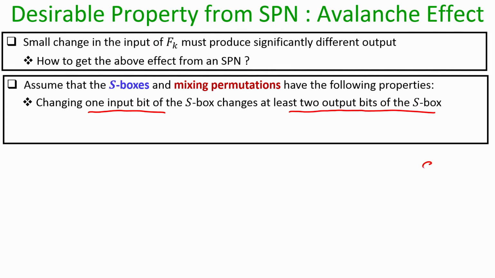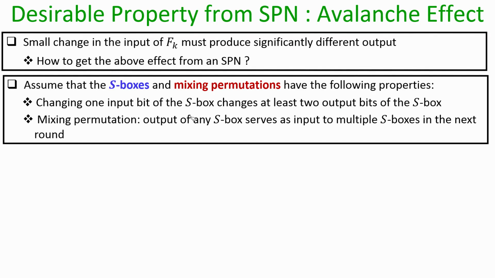That means assume you have the S box having the property that if you operate it with input x and input x dash, where x and x dash differ in only one bit, then the resultant outputs y and y dash differ in at least 2 bits. So, for the moment you assume that all the 8 S boxes that we are using have this property.